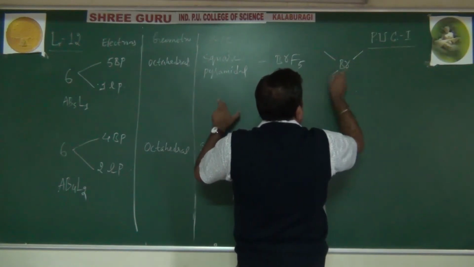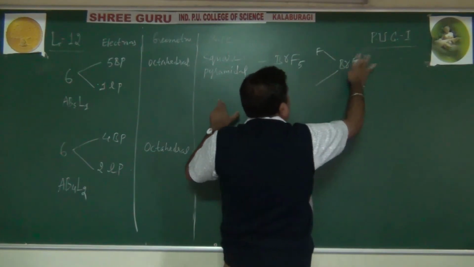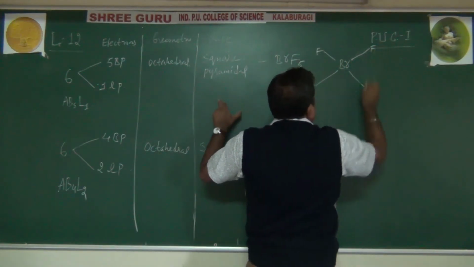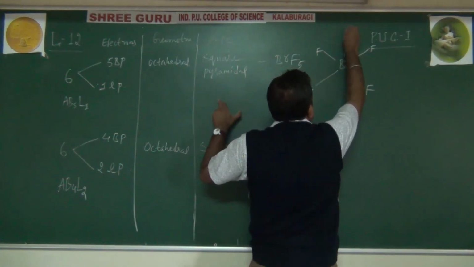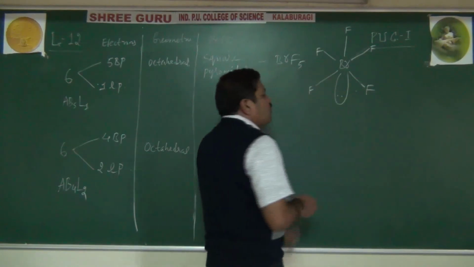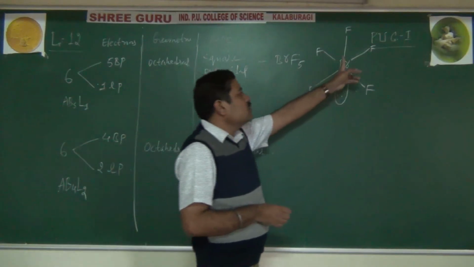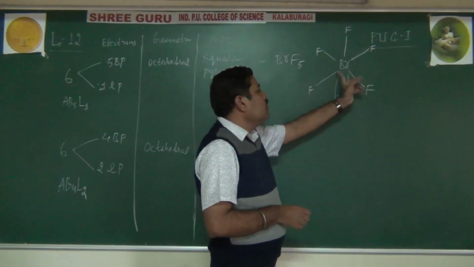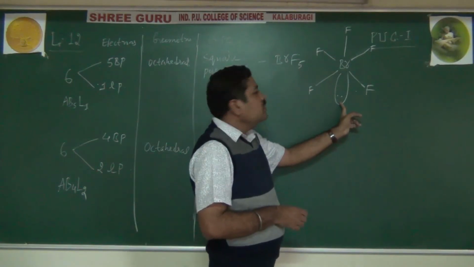Just see. One bromine atom, and 1, 2, 3, 4, fluorine, fluorine, fluorine, fluorine. Another one, fluorine. And just below 1. Because in bromine, how many valence electrons are there? 7. Out of 7, see, 1, 2, 3, 4, 5 bonding pairs and 1 lone pair. 5 plus 2, 7.